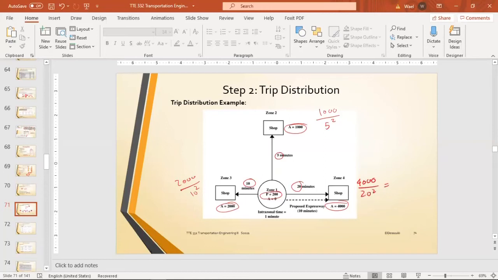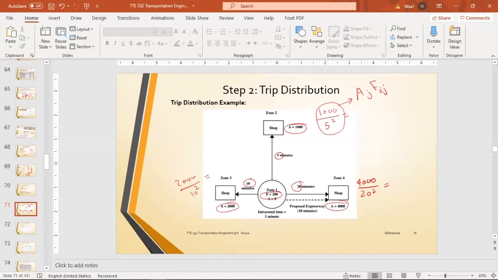Can someone calculate these values? These values are basically the attraction of J multiplied by Fij. Can you calculate this, please, for me?